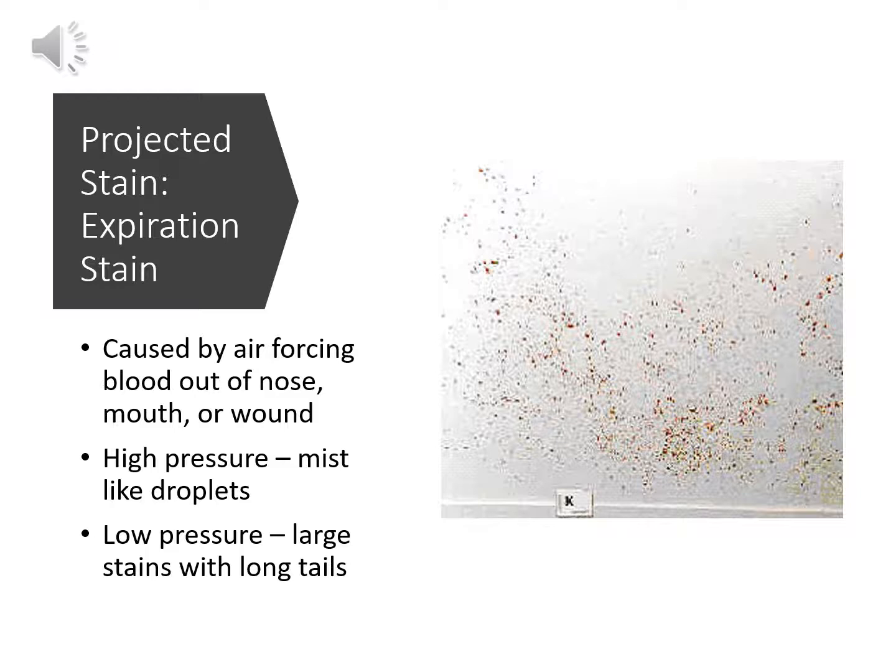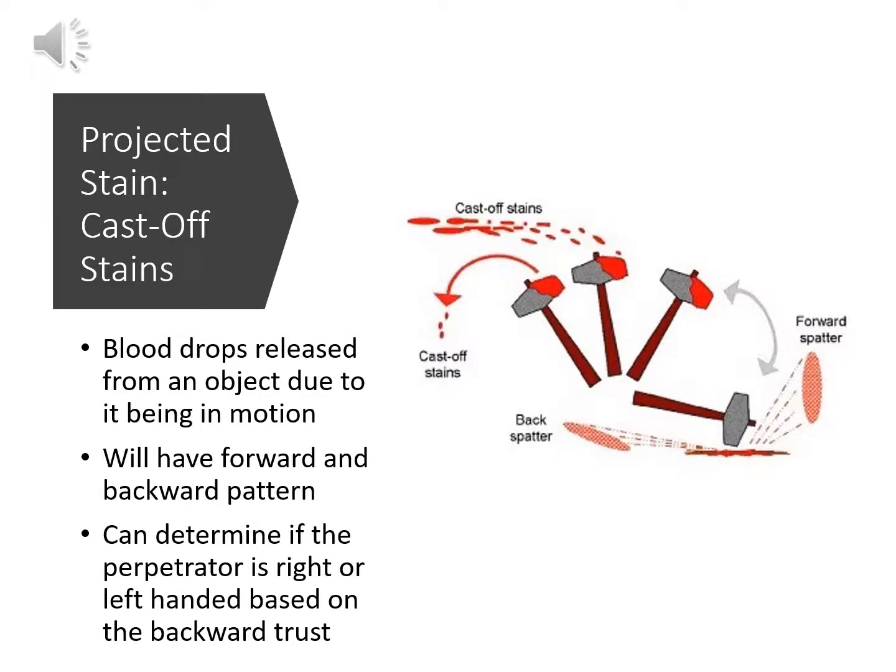So depending on how much pressure, how much force of air moving through and causing that expiration stain, if it's a higher pressure situation, you're going to get the smaller mist. If it's a lower pressure situation, you're going to expect larger stains with longer tails. So that'll give you some information about how much air was forcing that blood out of that particular nose, mouth, or wound area.